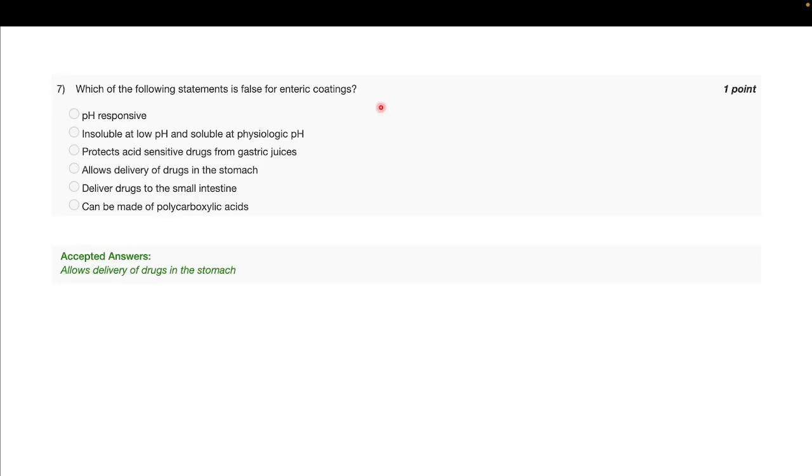So if you look at the options, we have to select the false statement. Definitely enteric coatings are pH responsive. They are insoluble at low pH and soluble at physiological pH. They protect acid-sensitive drugs from gastric juices, deliver drugs to small intestine, and can be made of polycarboxylic acids are all true. They allow delivery of drugs in the stomach is the only false sentence here.